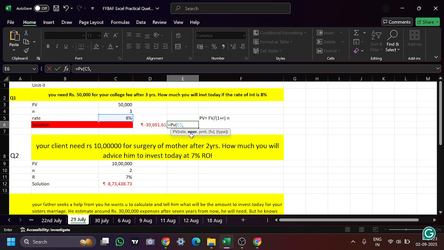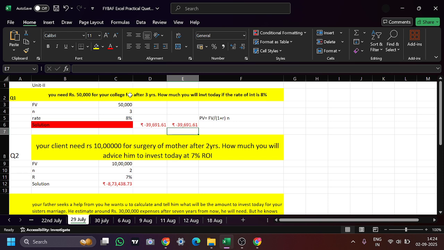NPER is the total number of payment periods, how much they are, 3, comma. PMT is the payment made each period, mention it as 0, comma. The future value is already mentioned over here, again comma. And type, at the beginning or at the end of period, mention again 0, bracket complete.